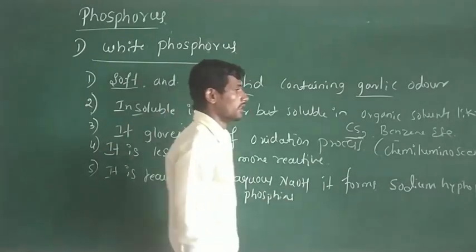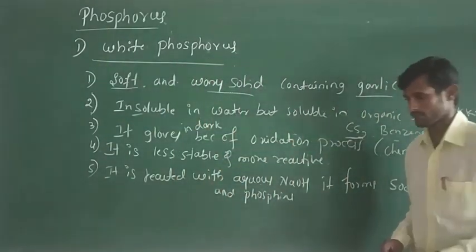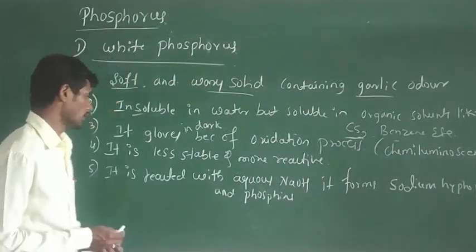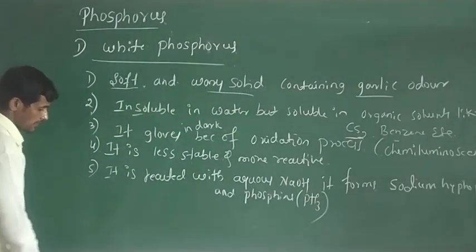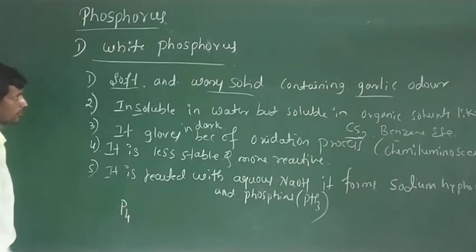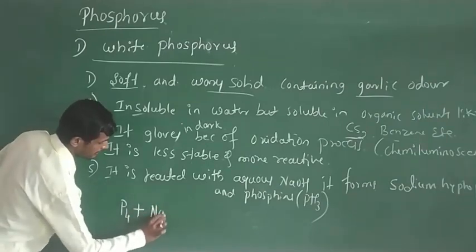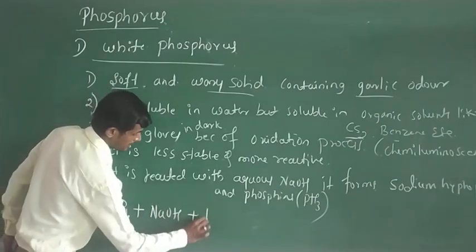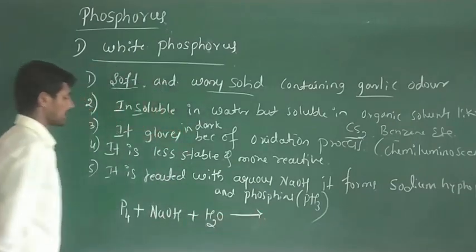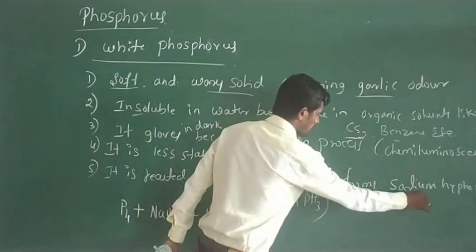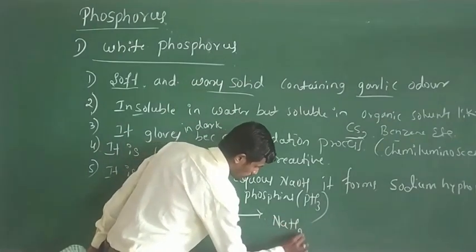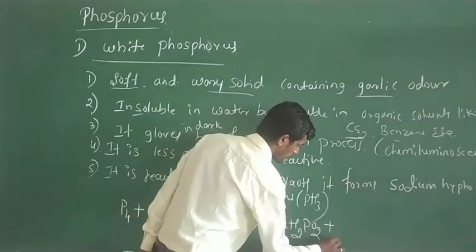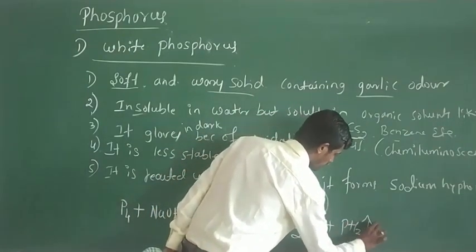Remember, this is a dangerous gas with formula PH3. If you want the reaction, see here. P4, white phosphorus, when treated with aqueous caustic soda, and I write H2O here, we get the products. Sodium hypophosphite, whose formula is NaH2PO2, plus PH3, phosphine gas.